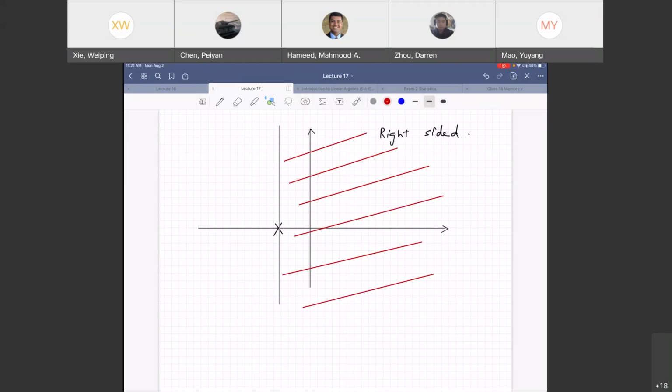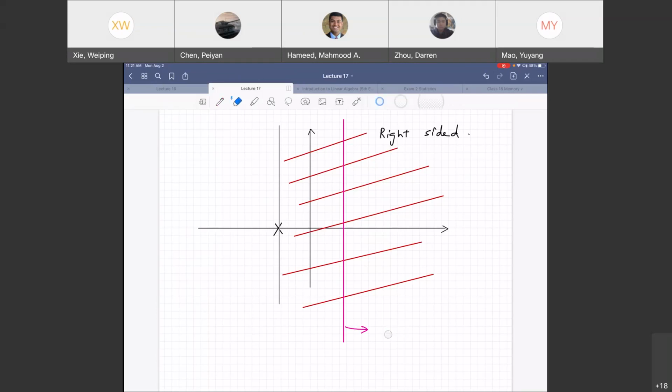Now I'm going to pick two more lines. First I'll pick, say, with pink. And I will call this sigma equals some, well, sigma 0, right?